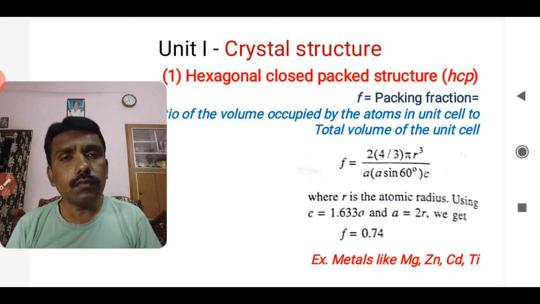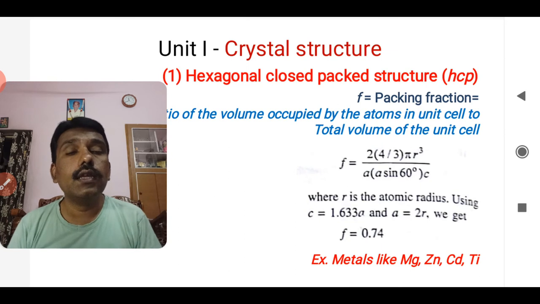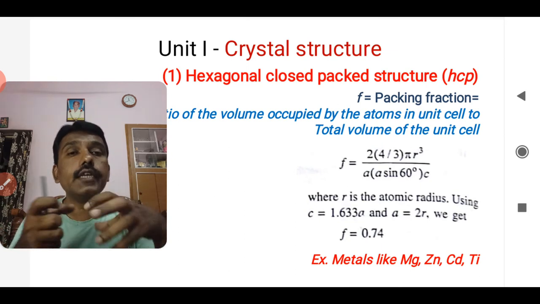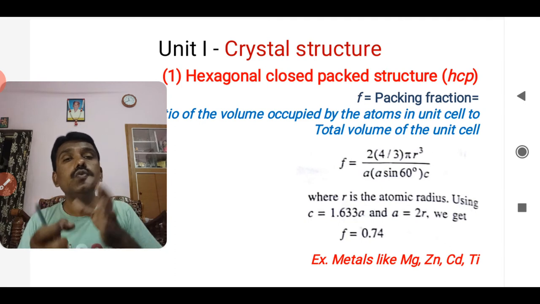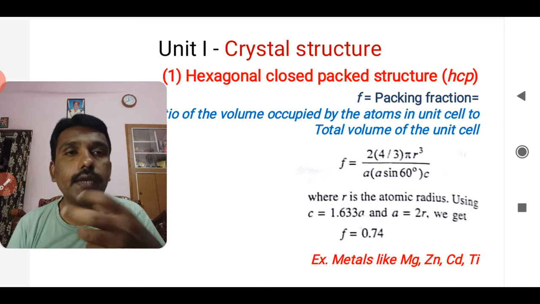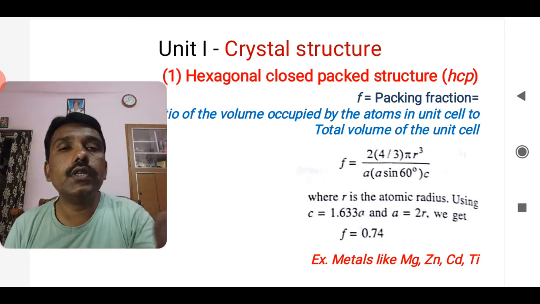So it is simply how many atoms are in that unit cell, their volume, relative to the total volume of that unit cell. That ratio is called the packing fraction, and it is denoted with a small f.